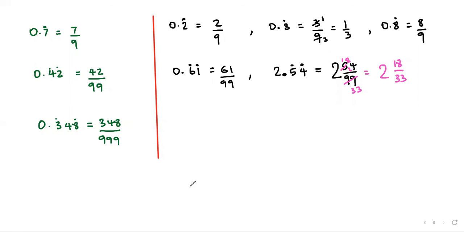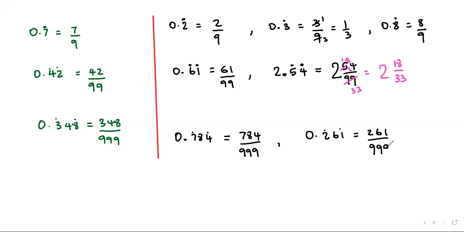Now, if you have three digits repeating, let's say you have 0.784 repeating, it means that you are going to have 784 out of 999. If you have 0.261 repeating, this will be 261 out of 3 nines, 999.